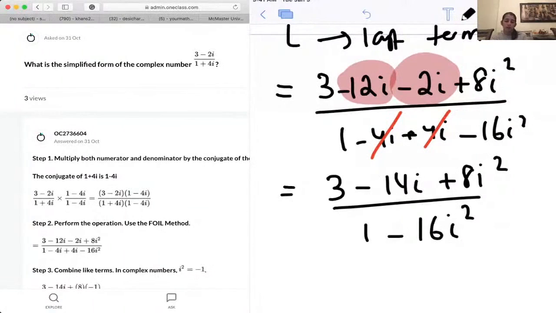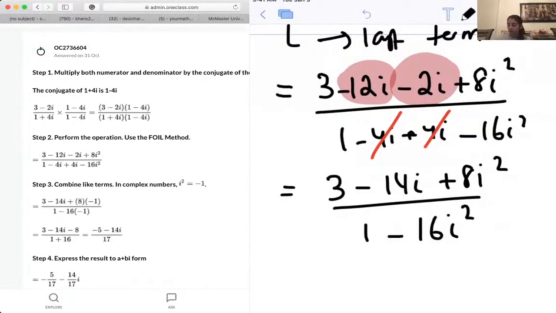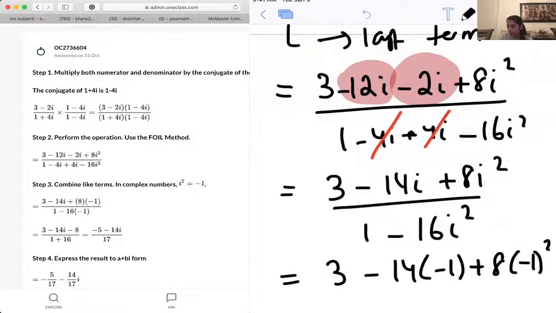So in complex numbers, i squared is equal to negative 1. So we can input that for i squared. So 3 minus 14i plus 8 times negative 1, over 1 minus 16 times negative 1.